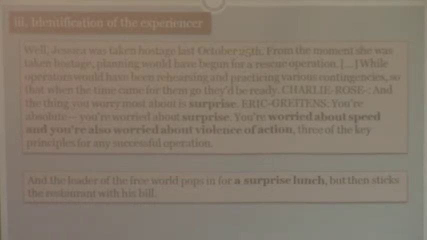Note that our knowledge of the extralinguistic context influences our perception of a potential generic experiencer. In the second example, the leader of the free world pops in for a surprise lunch. Well, the leader in question is Obama, and surprise is general.